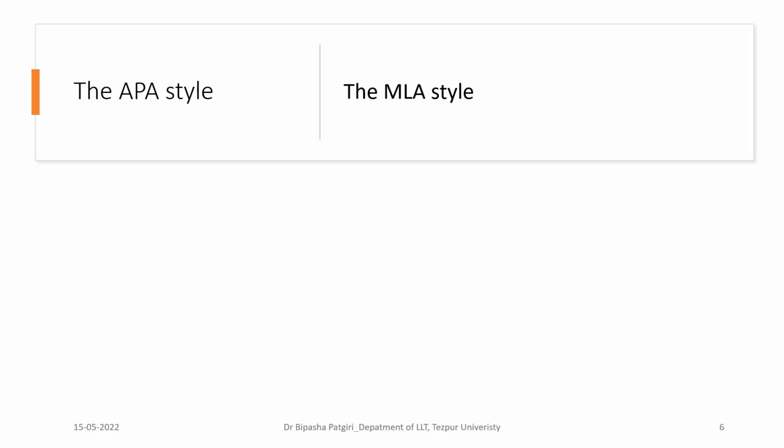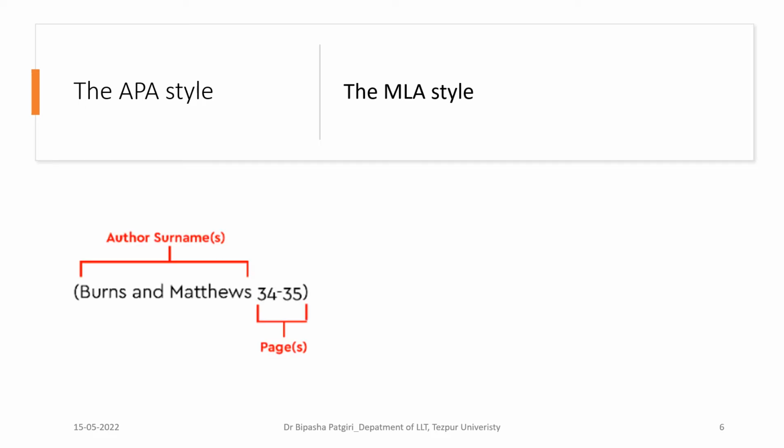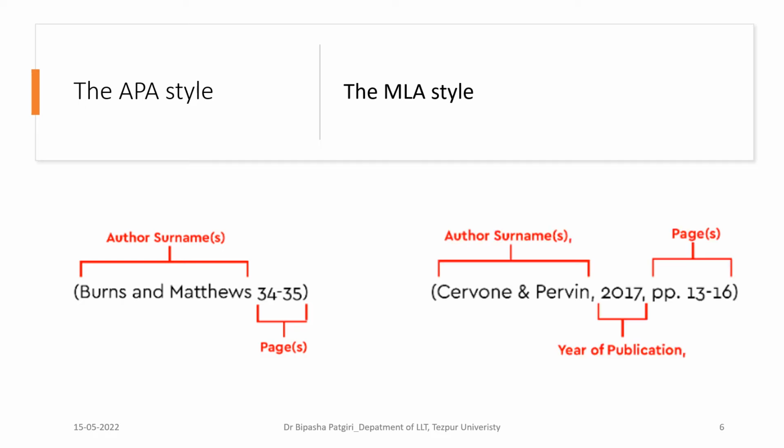Now let's have a look at the APA style and MLA style in comparison. APA style gives you Burns and Matthews, 34 to 35 pages. So that is one format where you are skipping the year of publication because that is there in the reference list already.